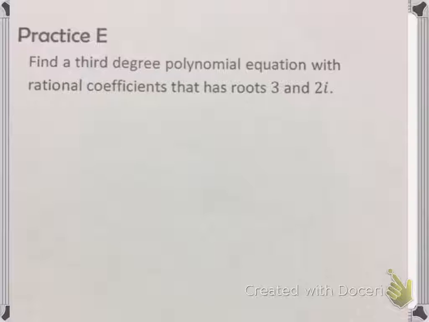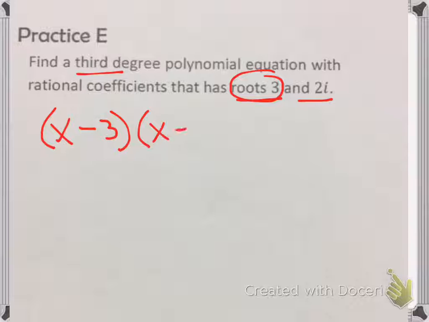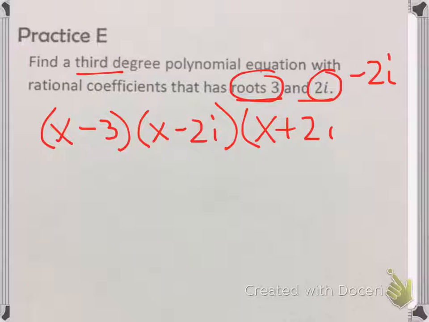All right, one more example of this kind here. We have a root of 3 and a root of 2i. It's a degree of 3, which means I know I have a root at x minus 3 as far as the factor goes. I have a root at x minus 2i, and then because I have the positive 2i, I also have a negative 2i as a root, so I'll have x plus 2i as my last root here.